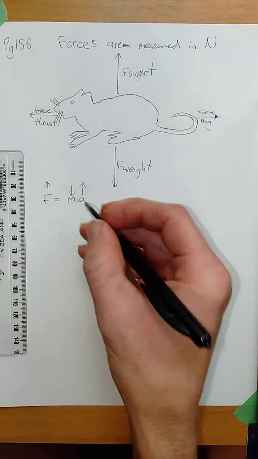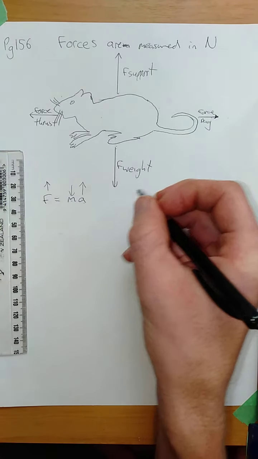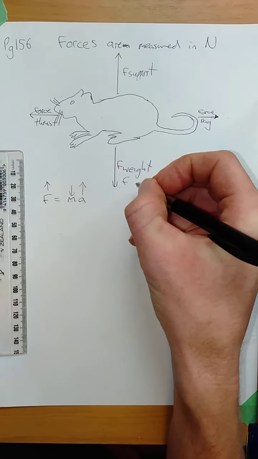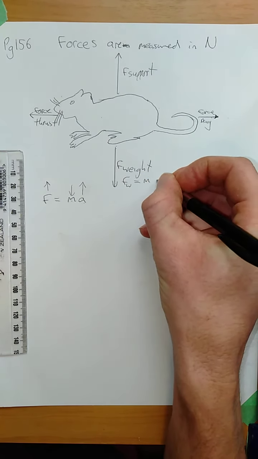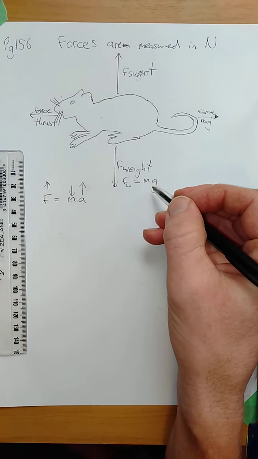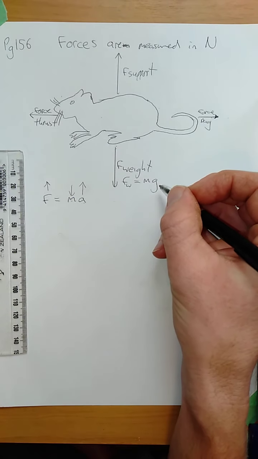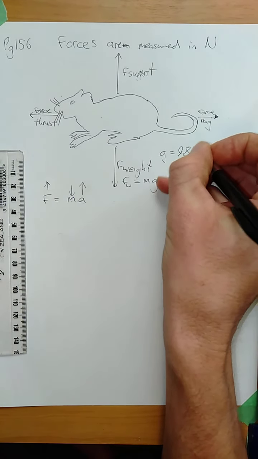On this page, though, a lot of it is working with specifically weight force. So in weight force, the formula just gets modified to be force weight is equal to mass times gravity. And the g value depends on the size of the planet you're on. So if you're on Earth, gravity is equal to 9.81.